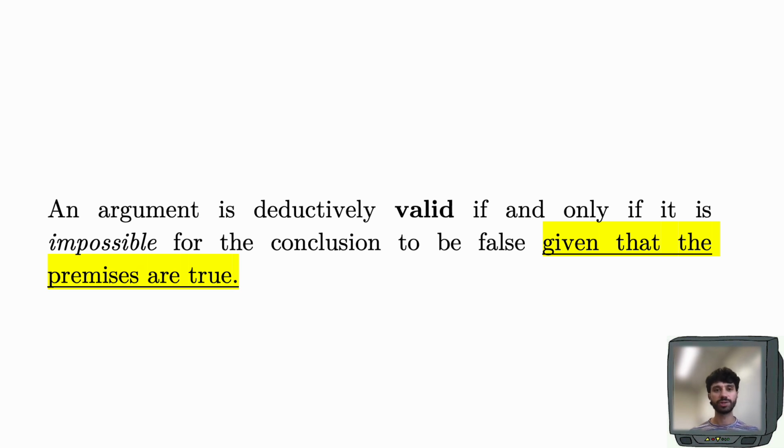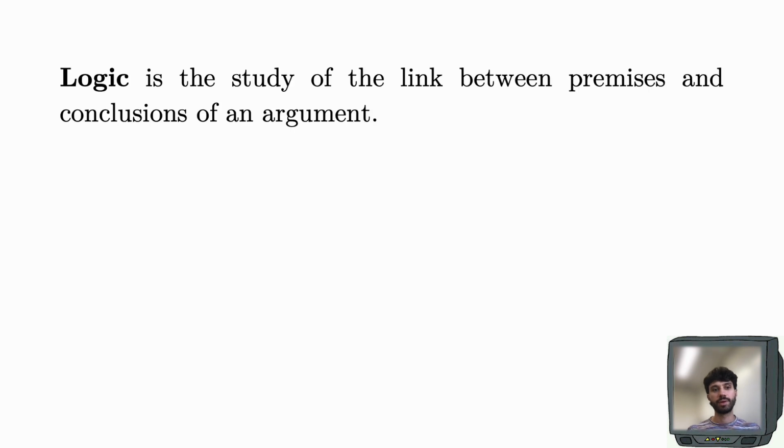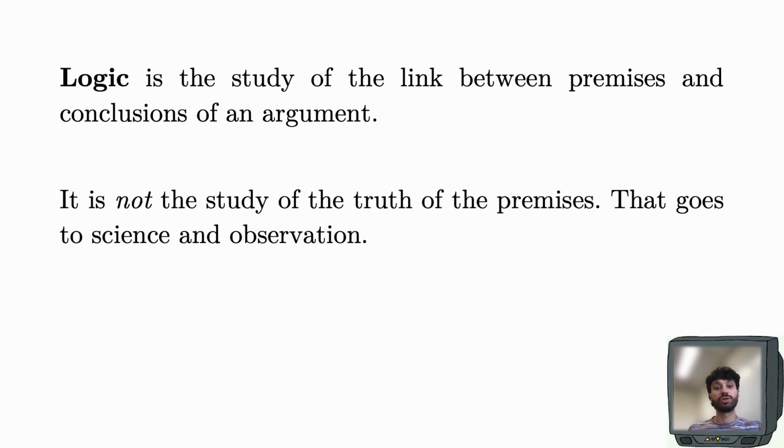So what we're doing is we're really saying, okay, we don't care about what's actually the case. We're just evaluating the argument for its argument's sake. So logic is a study of the link between premises and conclusion of an argument. It is not the study of the truth of the premises. Again, that goes to science and observation.